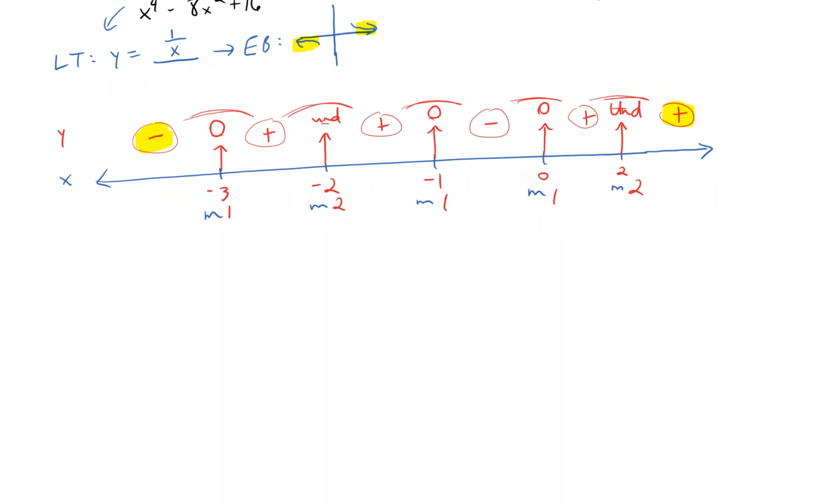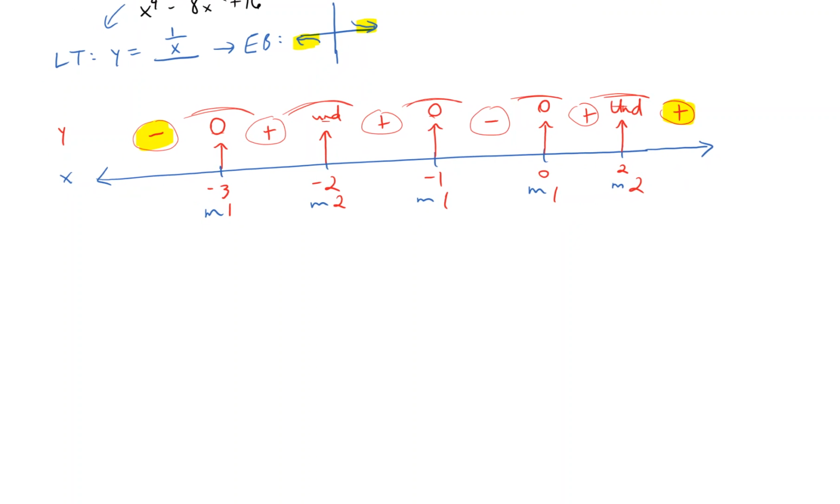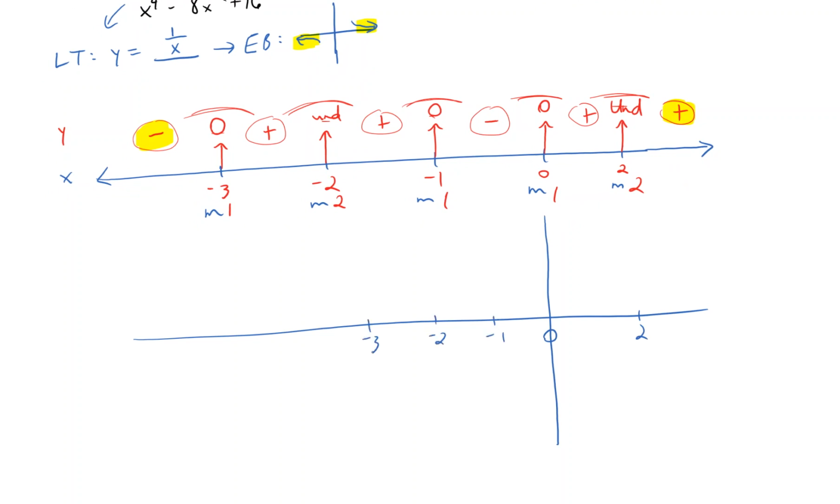Okay, so go ahead and set up your graph. Here's 0, here's 2, let's say this is -1, -2, -3. Determine whether each of the zeros results in an asymptote or an intercept based on your number line chart, and plot those. So draw your asymptotes and intercepts.